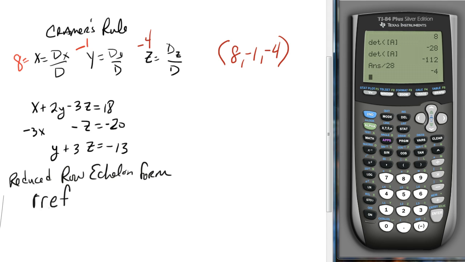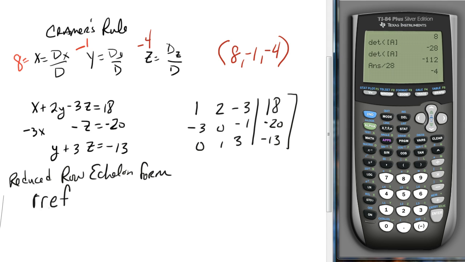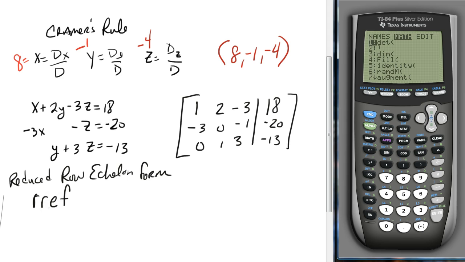So you want to enter the augmented matrix: 1, 2, -3, 18. I want to enter this matrix. Second matrix, edit. Actually, I'll do this under a different one.